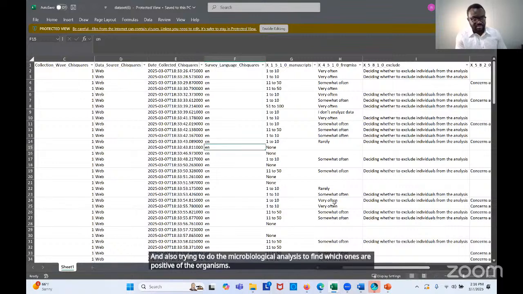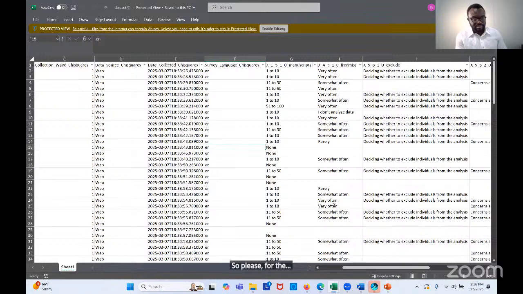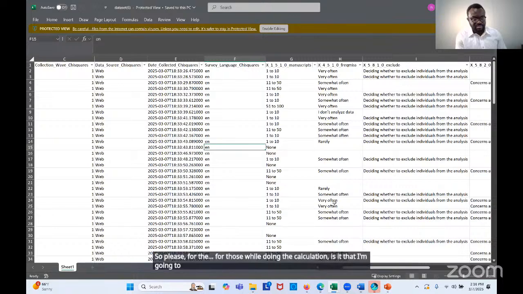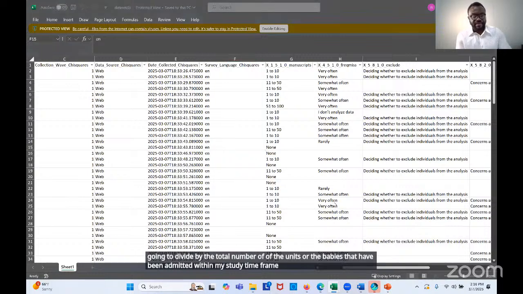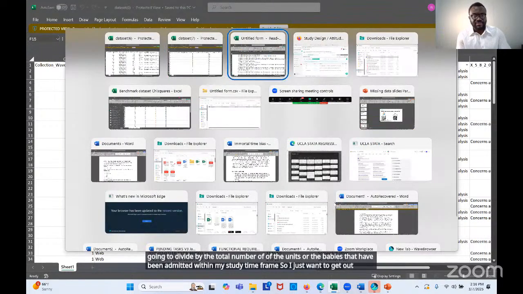So please, while doing the calculation, am I going to divide by the total number of neonates or babies that have been admitted within my study time frame? I just want to get clarity on this, please.